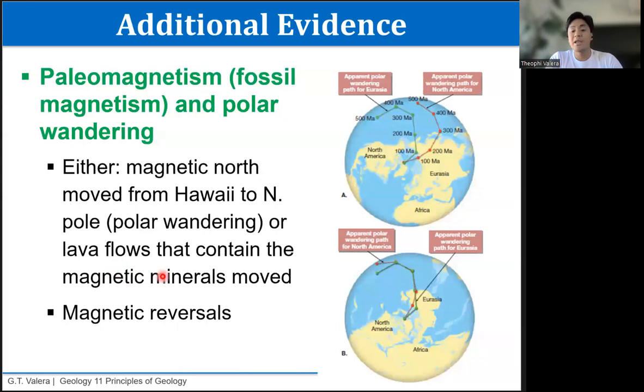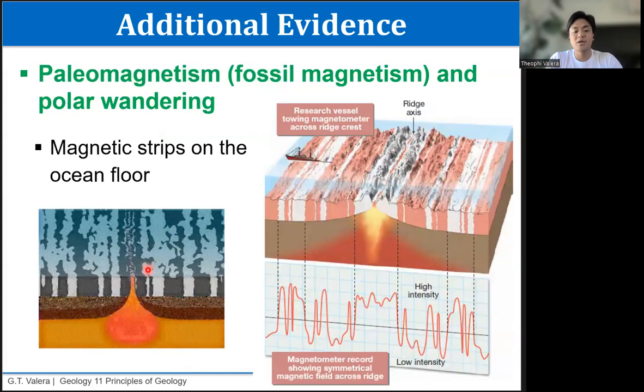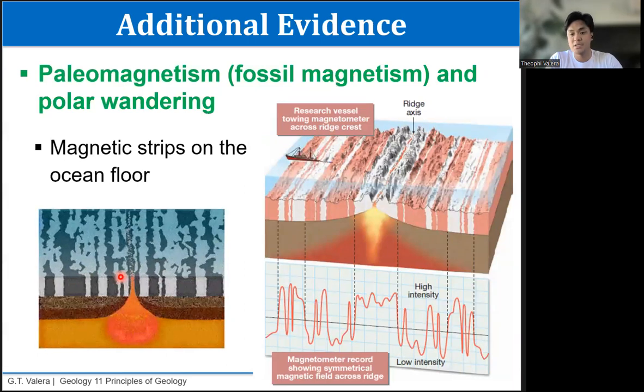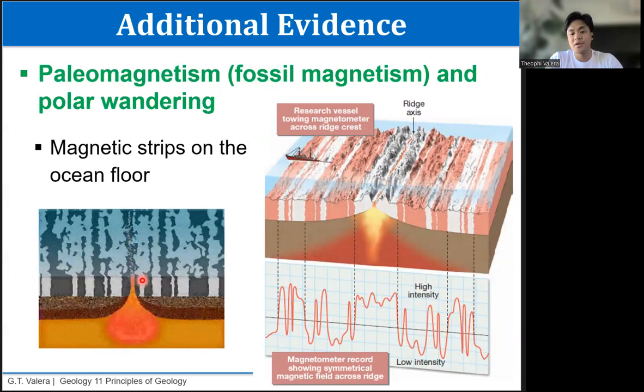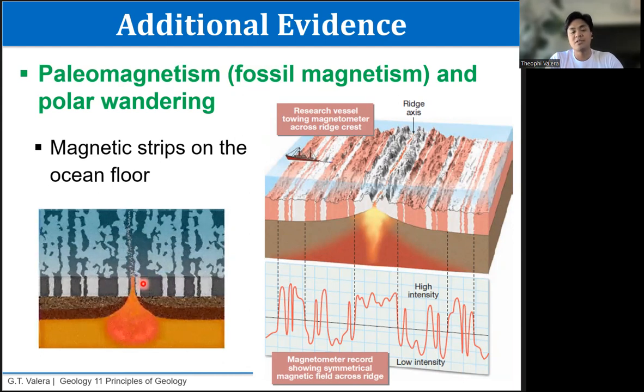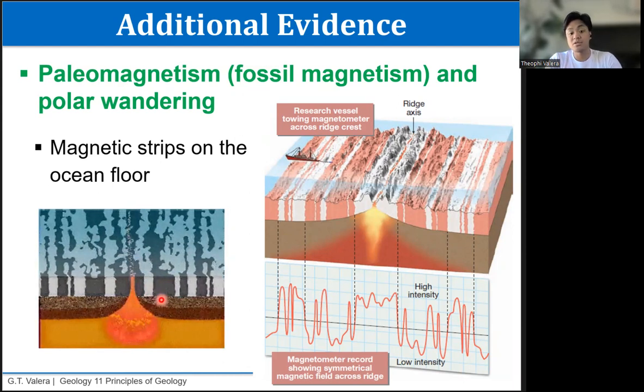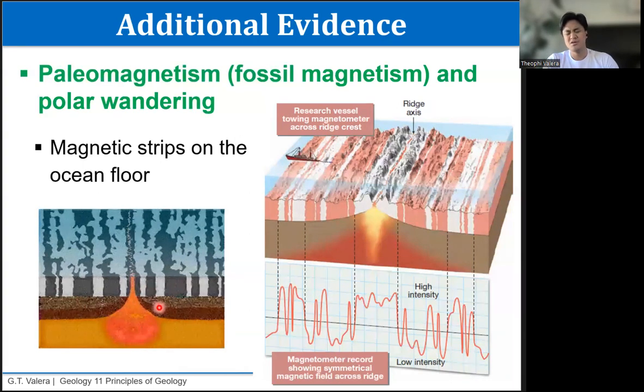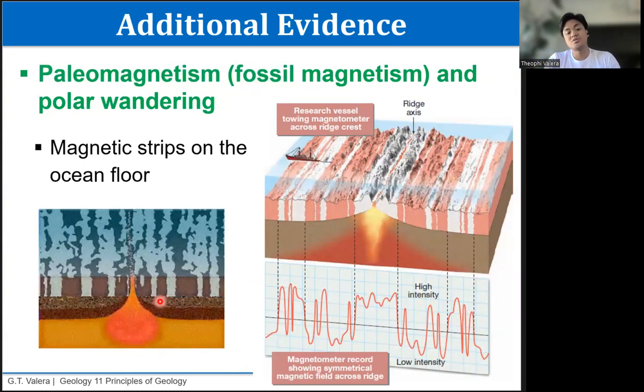Okay, and aside from that, we know that there are also magnetic reversals. For example, when we look at mid-oceanic ridges and the basalts that are being formed there, in some volcanic rocks, the magnetic north corresponds to the geographic north.